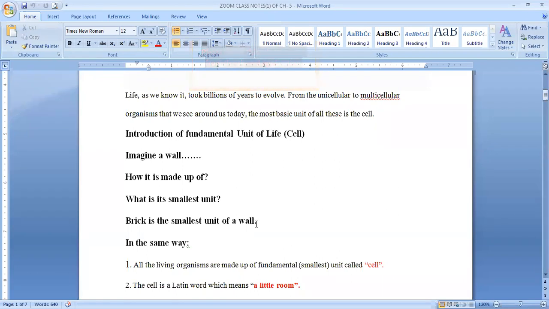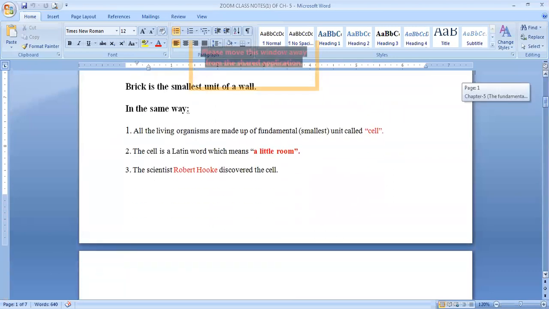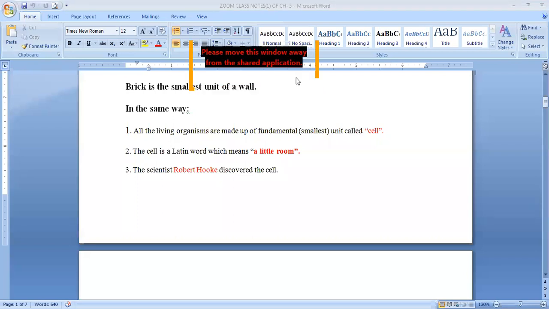In the same way, all the living organisms are made up of the smallest unit called cell. We can say that the body of all living organisms is made up of cells. You can say that the structure of your body is made up of cells.